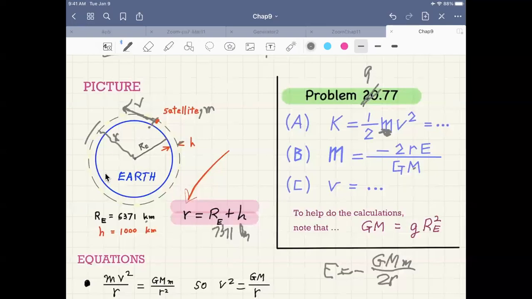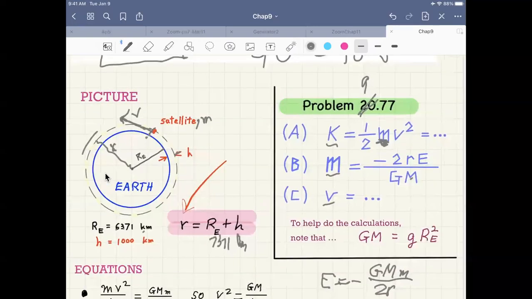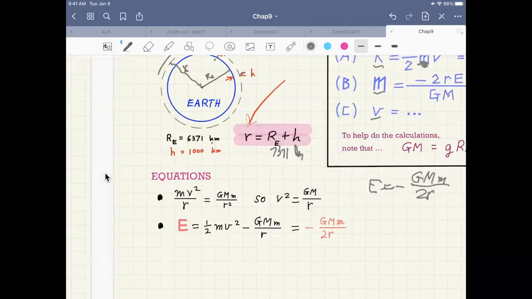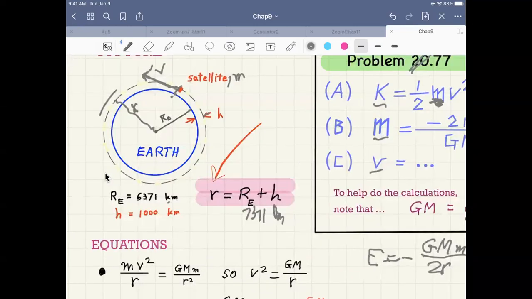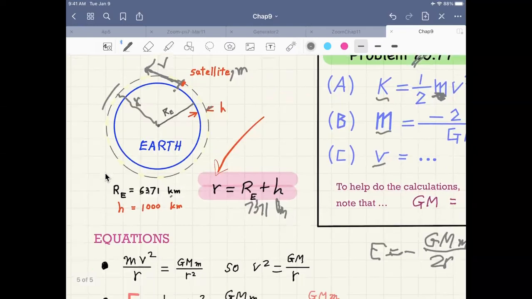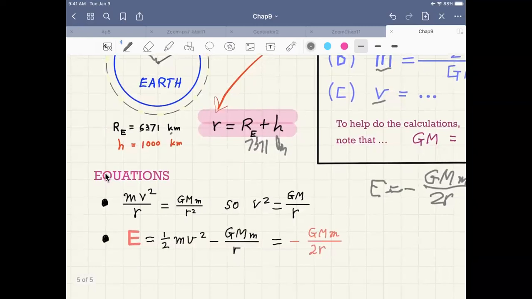I have to solve simultaneous equations for the three answers to the problems: kinetic energy, mass of the satellite, speed of the satellite. So that's A, B, and C. So, we always draw a picture, label the picture with various parameters, not the actual values, but just the symbols to stand for those values. We write down the equations.